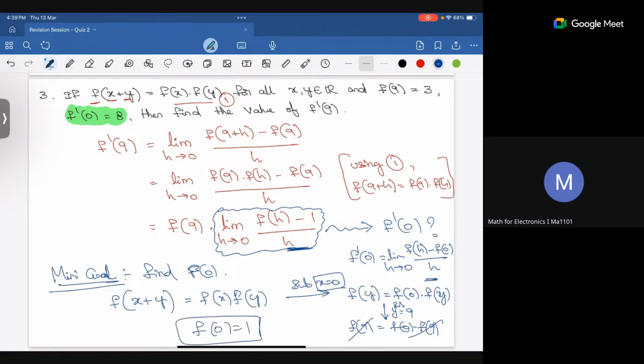So once f of 0 is indeed 1, this and this are the same. So this is simply f prime of 0.